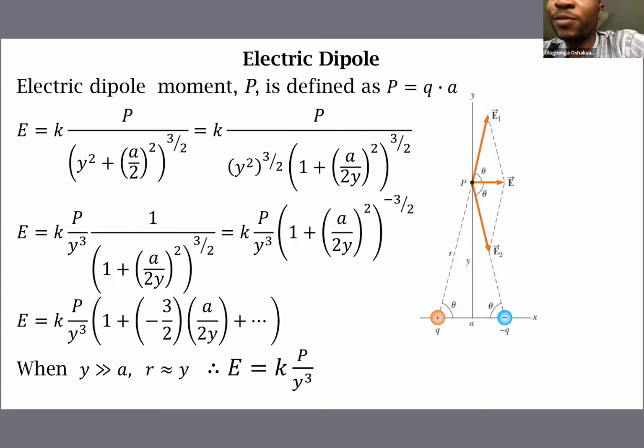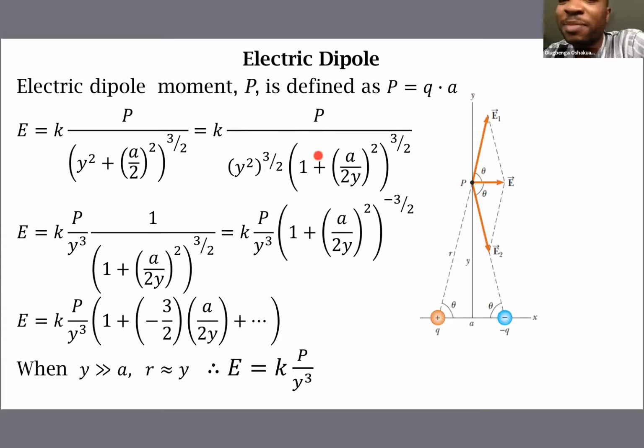And with further simplification, just dividing both terms here by Y squared, you have Y squared to power 3 over 2 outside the bracket.